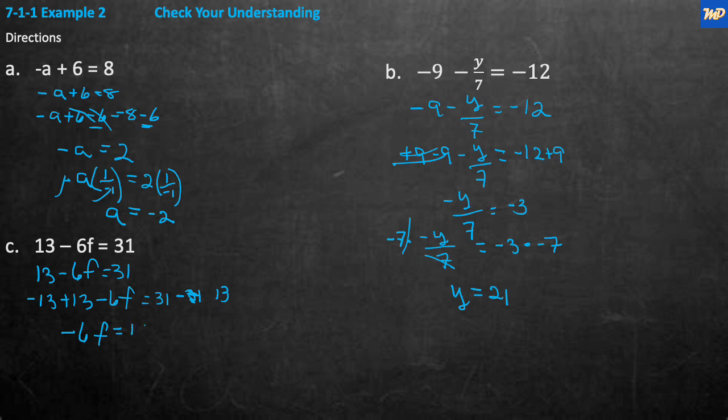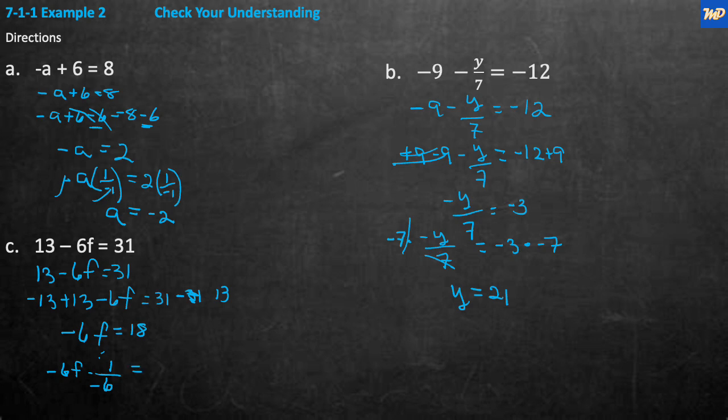So we have 18. And then to get rid of the 6, we're going to multiply by the multiplicative inverse. So we have minus 6f times 1 over minus 6. And we did the minus here too because we want to get rid of it all at one time. We'll get rid of the negative sign and the 6 all at once.